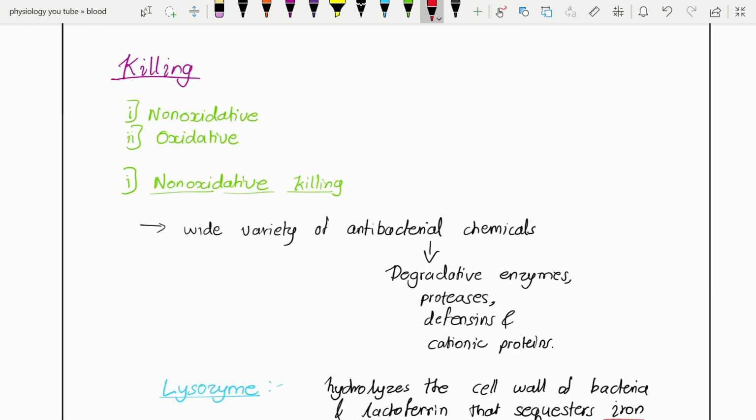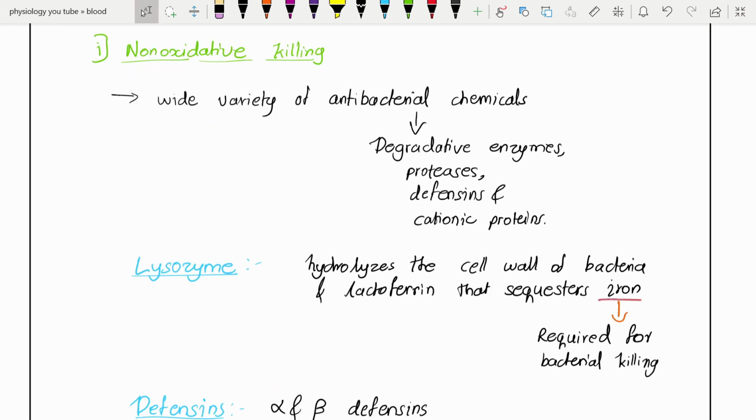Now we will be dealing with the final process, that is killing of the bacteria or the foreign substance. There are two ways, non-oxidative and oxidative. Firstly, the non-oxidative killing. A wide variety of antibacterial chemicals are secreted. These will be degradative enzymes, proteases, defensins and cationic proteins.